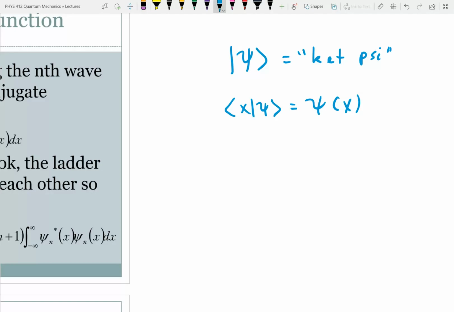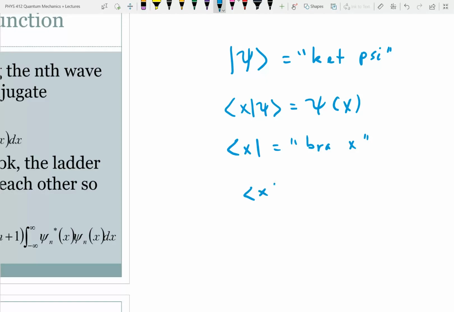We often think of the ket psi as psi of x, but technically bra x is how we say that, is this. And when you close them, it implies an integral.